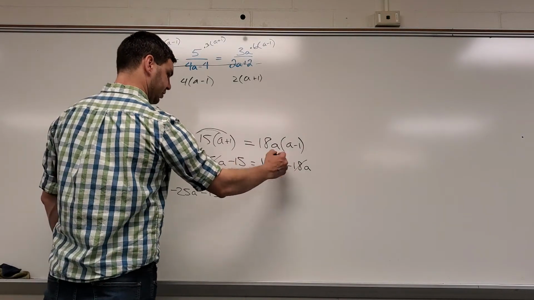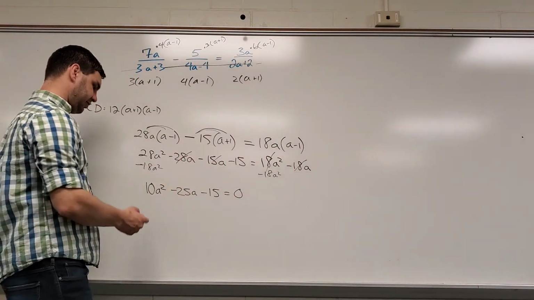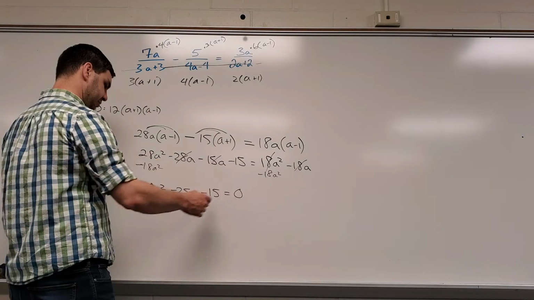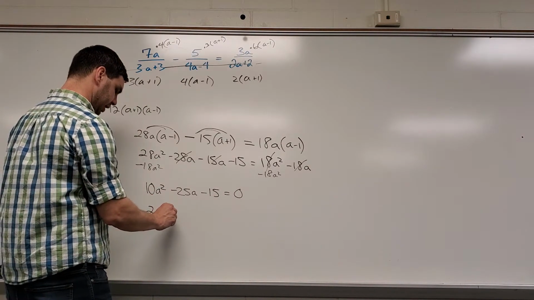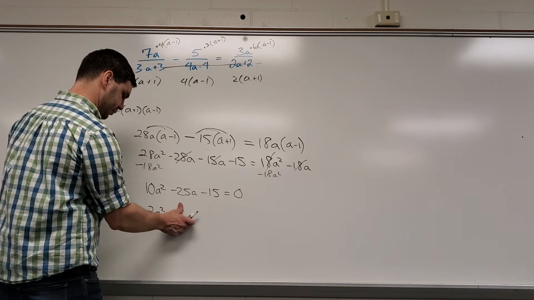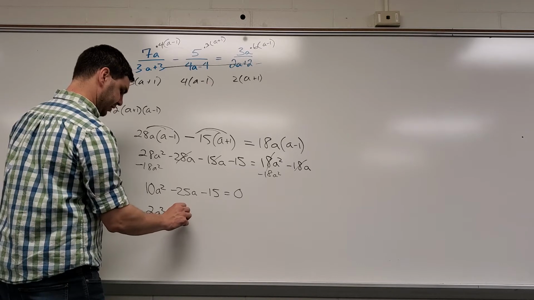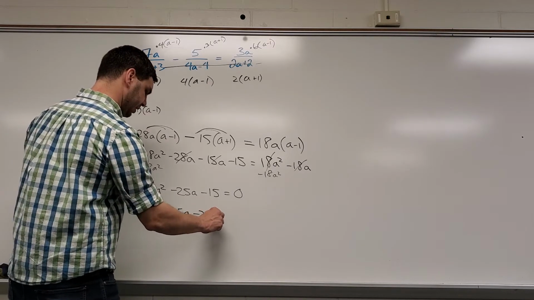Okay, and then I think both of those things cancel, so it equals 0. These are all multiples of 5, so we can take a 5 out, or divide both sides by 5. That leaves me with 2a squared minus 5a. 25 divided by 5 is 5a. Negative 15 divided by 5 is negative 3, equals 0.